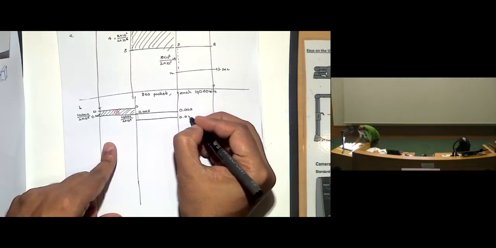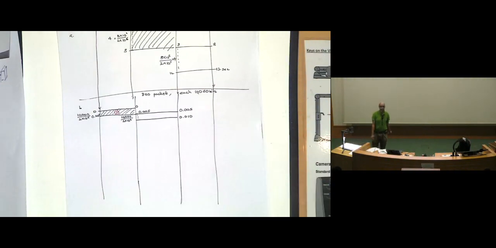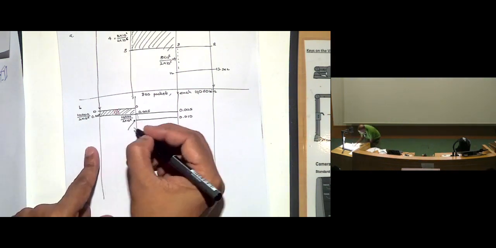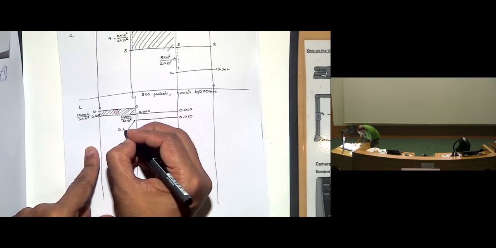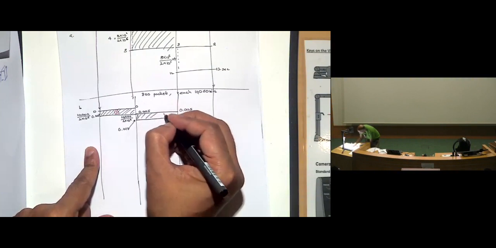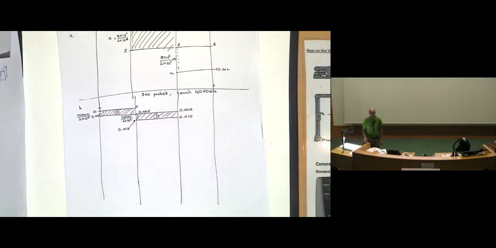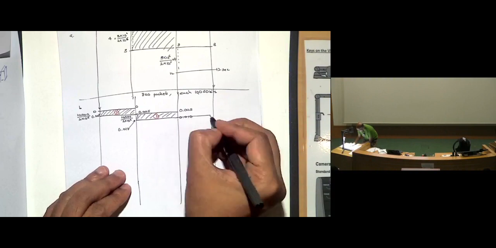So I will be done at 10 milliseconds. Right? So after another 5 milliseconds, so this is 0.010, I'm done. At t equals 10 milliseconds, R2 has the packet, so it can start sending.